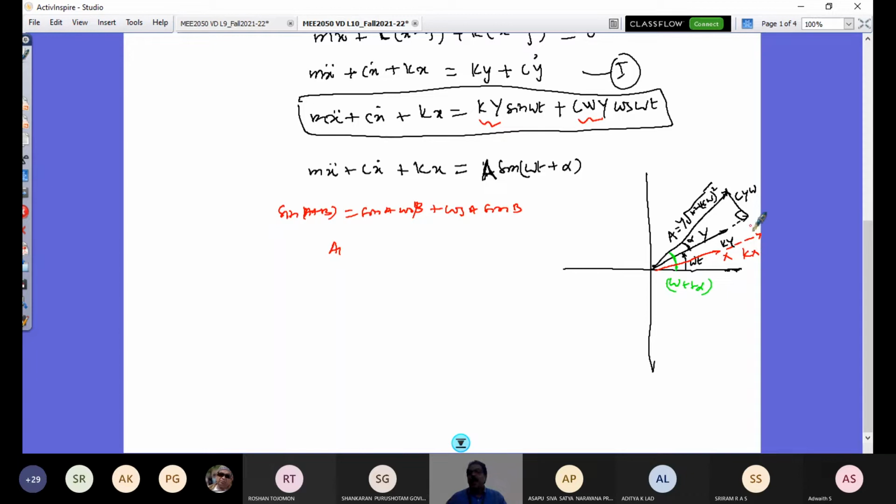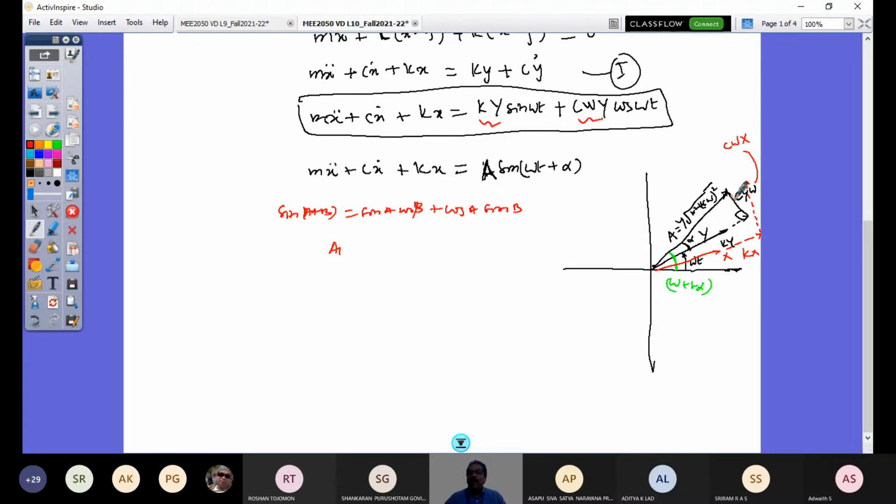And then this is c omega x. And you see this difference here is m omega squared x, the inertia force. And if I project this onto this, it is 90 degrees.